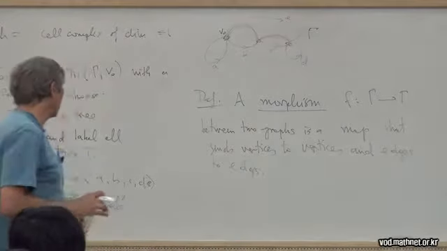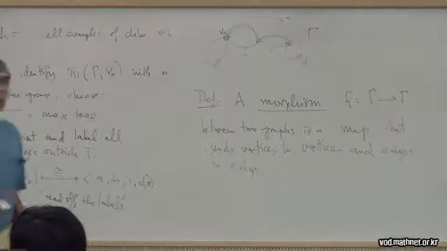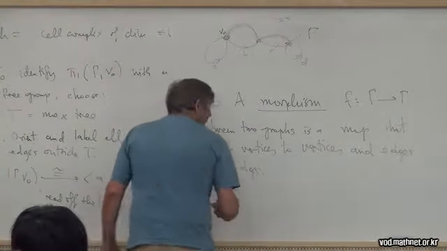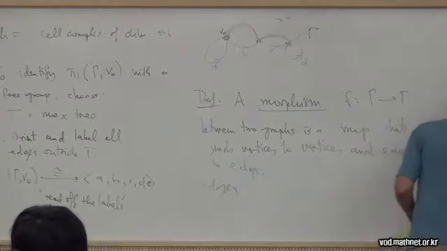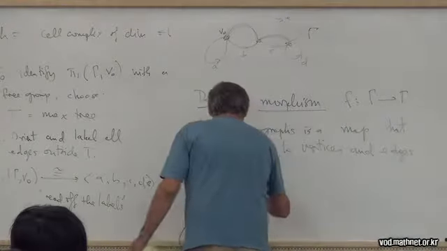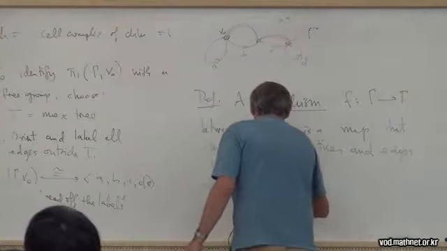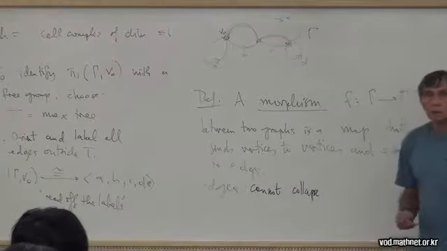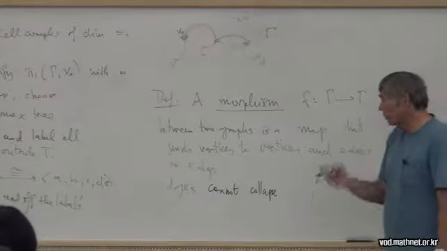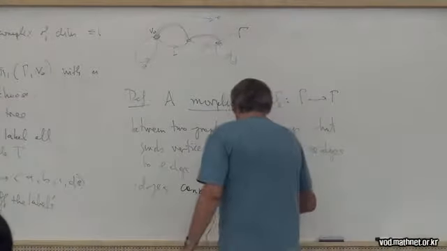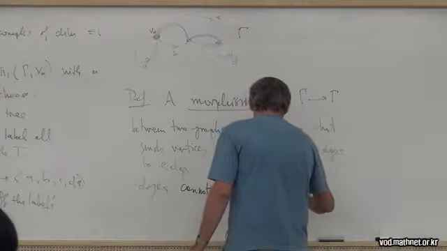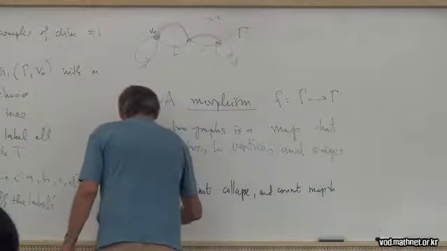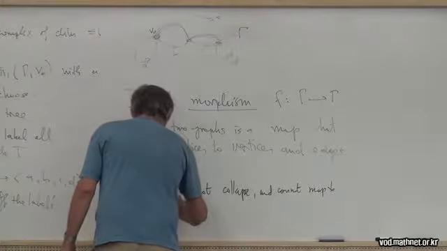For a morphism, edges have to go to single edges. So edges cannot collapse, for example. You're not allowed to collapse an edge. It's not allowed to go to a point. It has to go to an edge. And it cannot map to edge paths longer than one edge.